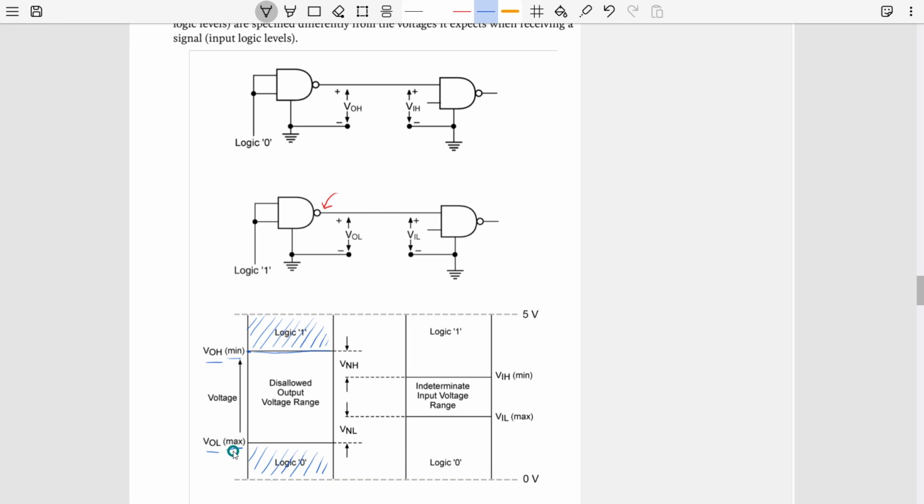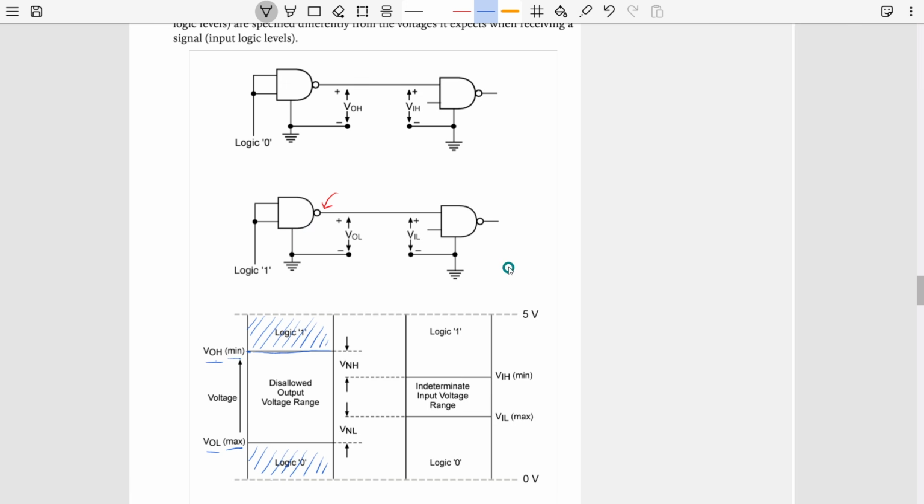This maximum is written here because it is the maximum value allowed for this output. It can never go beyond that. Just try to understand: because we are talking about output, that's why O, and this parameter is defined for the high condition, that's why H, and the same goes for this one in this way.